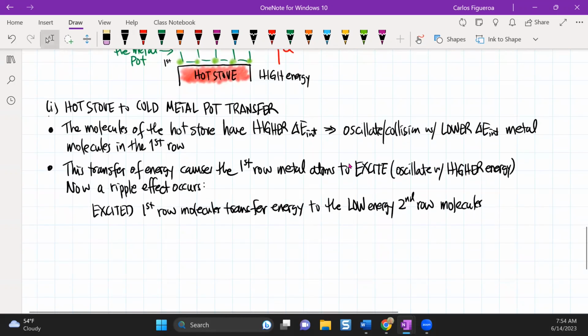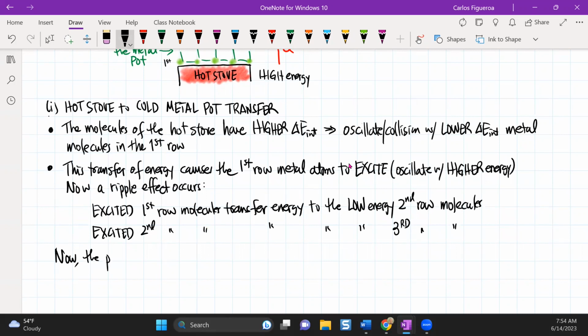And then we have the same thing. So then the excited second row molecules transfer energy to the low energy third row molecules. That's what I mean by the ripple effect. Now, the pot is in an excited state of higher internal energy.